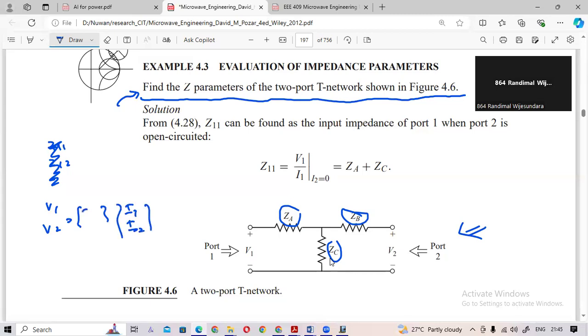So here you will have two rows as well as two columns: Z11, Z12, Z21, Z22. There are four parameters you need to find. So try to find it.